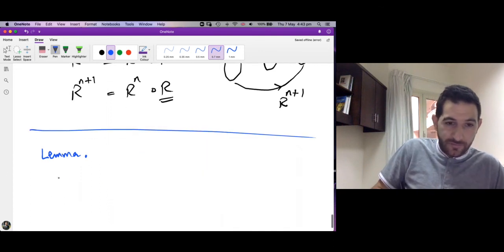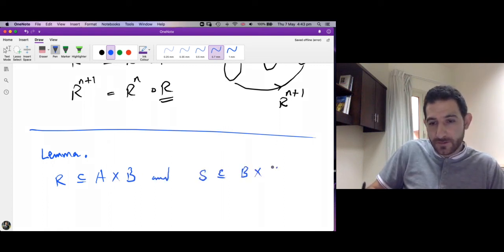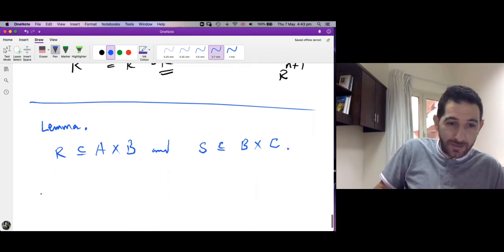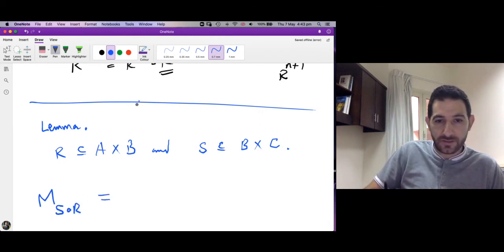that if R is a relation from A to B and S is a relation from B to C, then the matrix of S composed with R, so first apply R and then S, okay, so this is the picture.